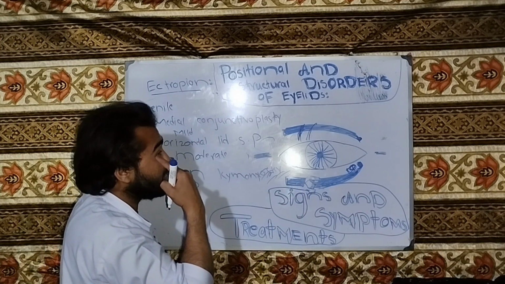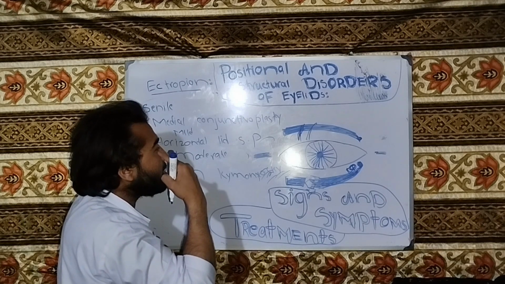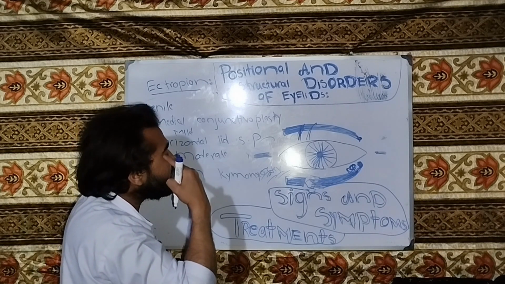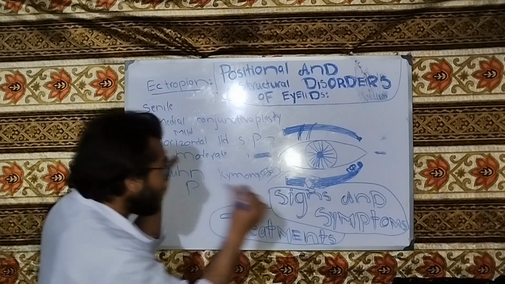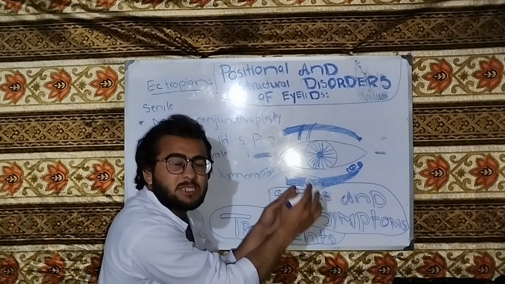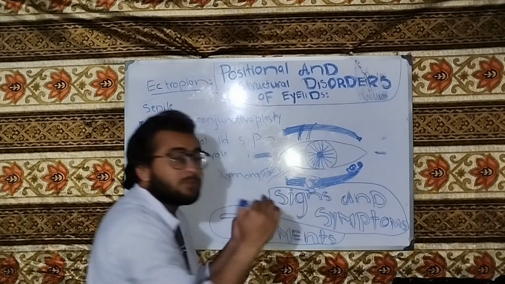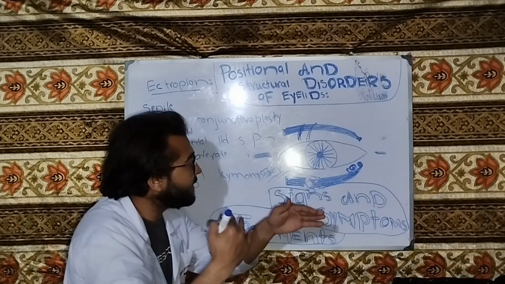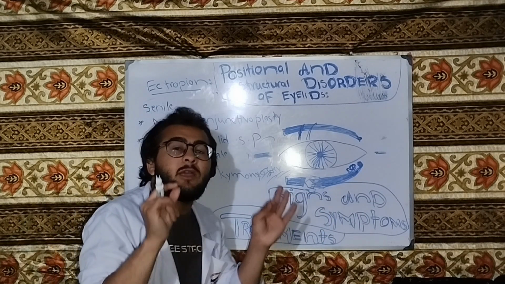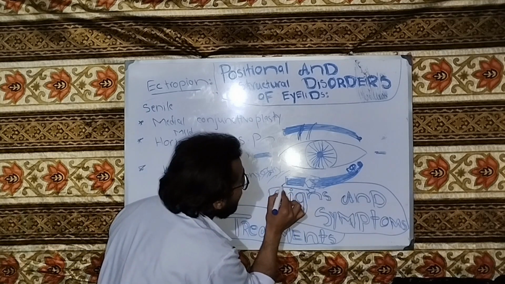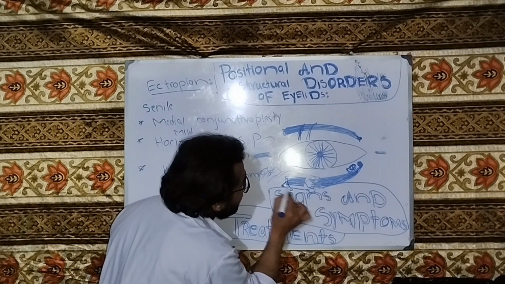If this is the lateral canthus, this is the lateral canthal tendon. So lateral to the lateral canthal tendon, there will also be the removal of a triangular piece of skin.